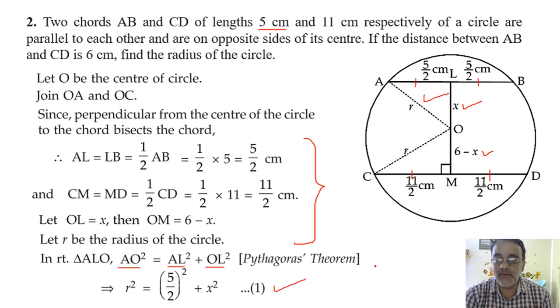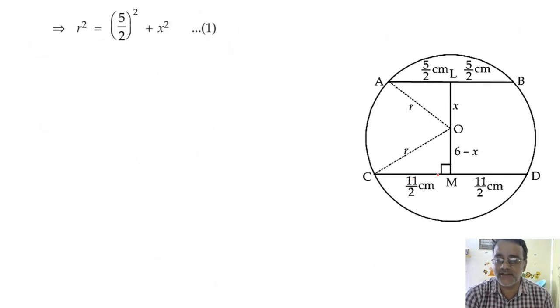Okay. Now we are going to take the other right triangle, that is OCM. Yes, CMO. So again we are going to apply the Pythagoras theorem in this triangle. What will you get if you apply it? OC square is equal to OM square plus MC square. Very good. OC square is equal to CM square plus OM square.